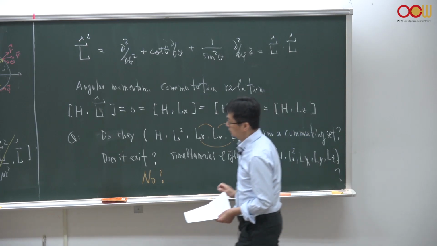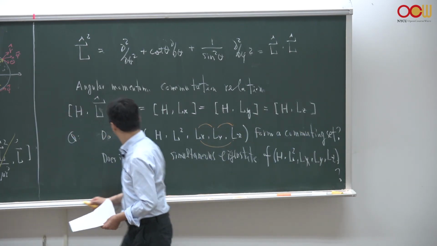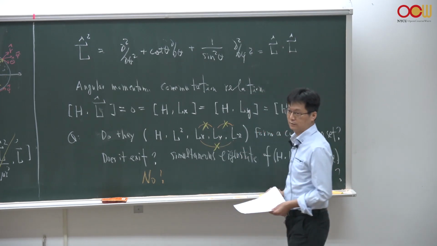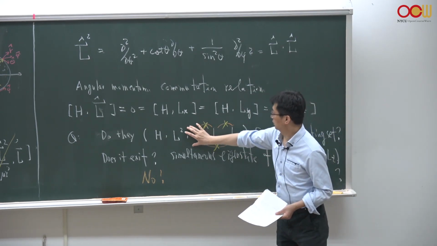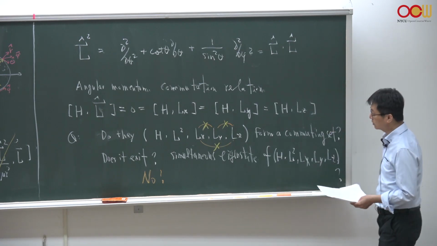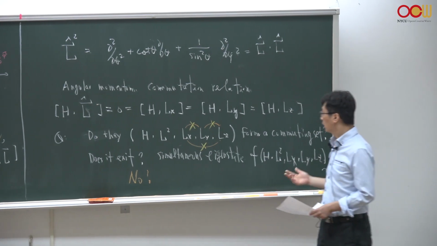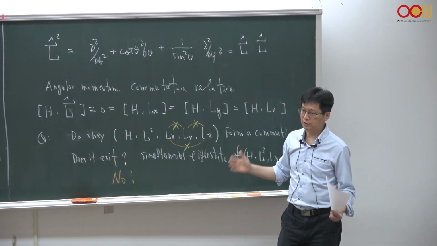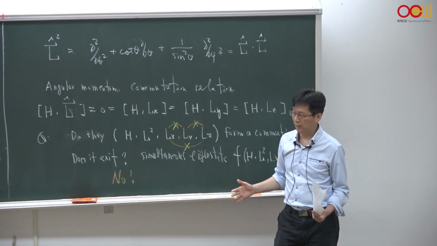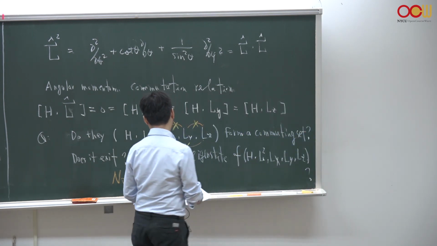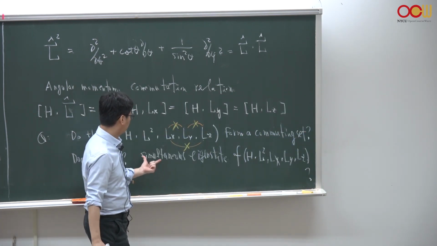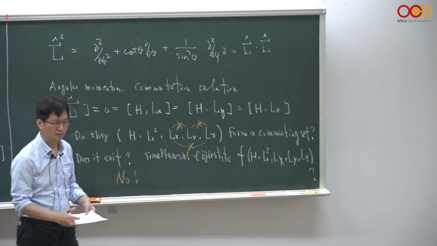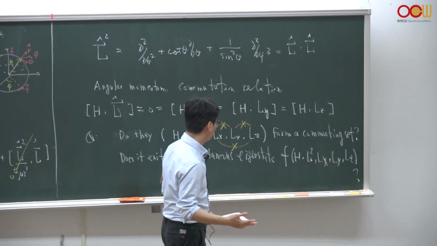So in other words, we can choose part of them, not all of them, to be included in this commuting set. And this is very important because we need to figure out the maximum commuting set that we can form. In other words, we need to figure out the simultaneous eigenstates of how many operators we can have at the maximum level.